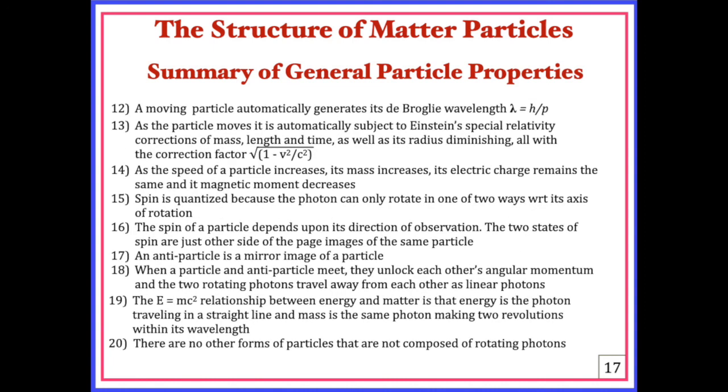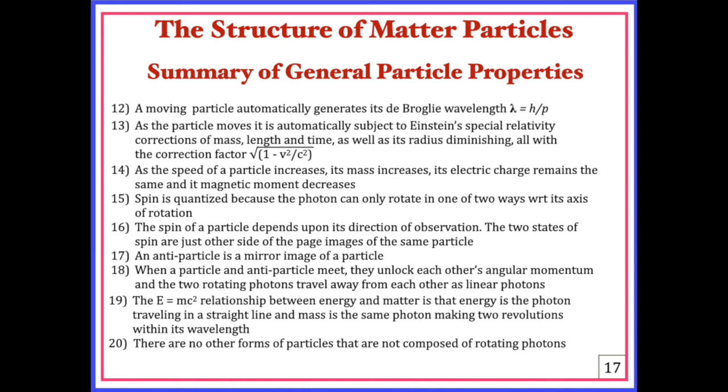A moving particle automatically generates its de Broglie wavelength, lambda equals h over p. As the particle moves, it is automatically subjected to Einstein's special relativity corrections of mass, length, and time, as well as its radius diminishing, all with the correction factor, the square root of 1 minus v squared over c squared.